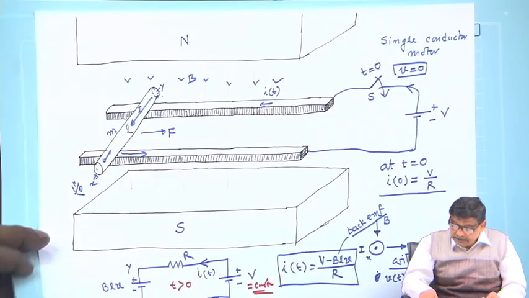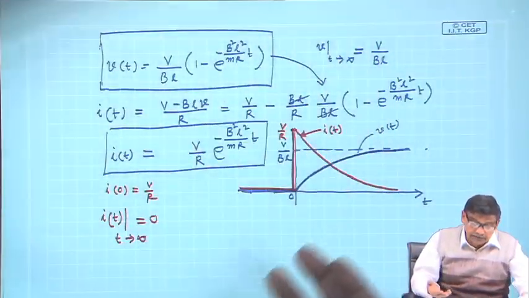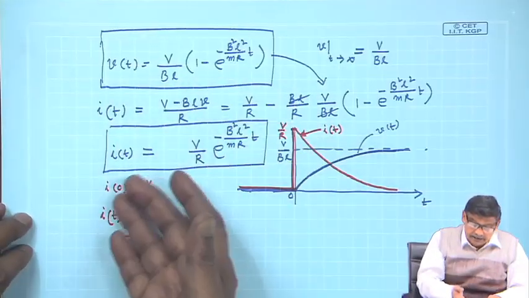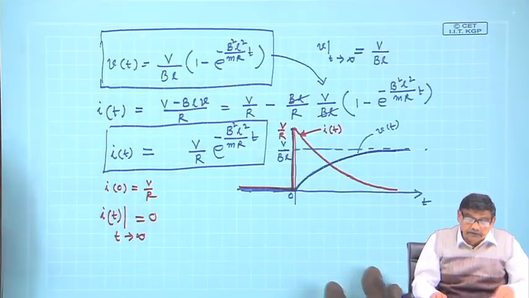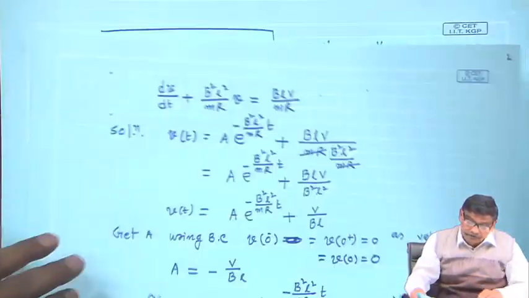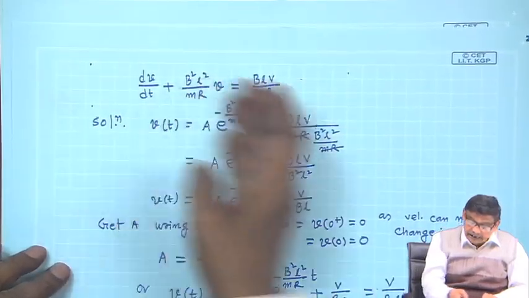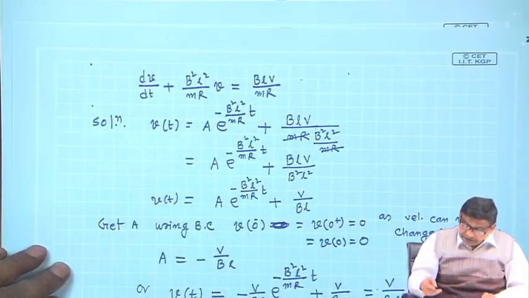Now, the question is, following which equations will velocity and current behave. To do that we have found out this dynamic equation, a first order differential equation.